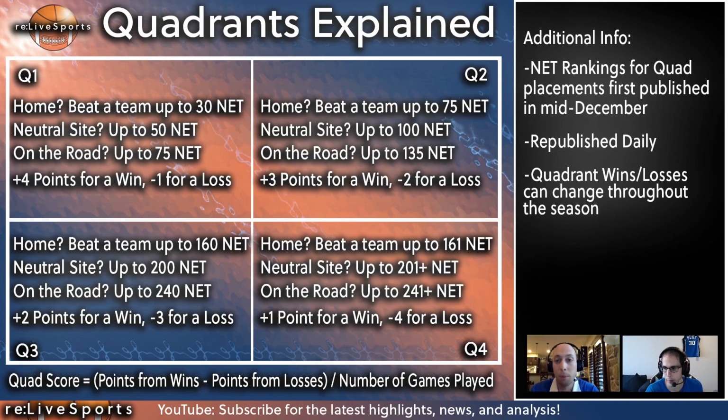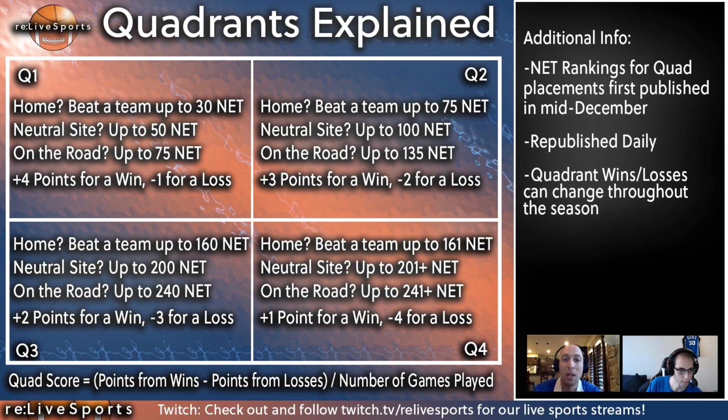So they award points for each quadrant. Yep. And this goes into the quality of win metric in the NET that we'll talk about in a few moments. And the quadrant system heavily favors away and neutral site games, and it slightly downgrades home games. We'll explain that in a little bit.